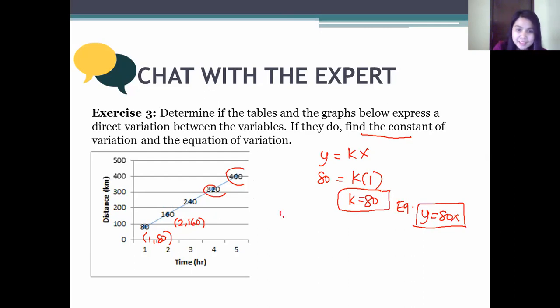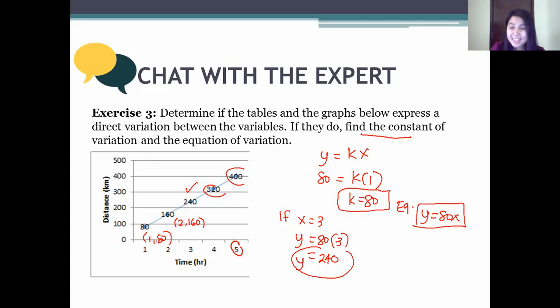If x equals 3, then y equals 80 times 3. That's 240. Very good. Correct. How about 5? 80 times 5. The answer is 400. Therefore, it is a direct variation.